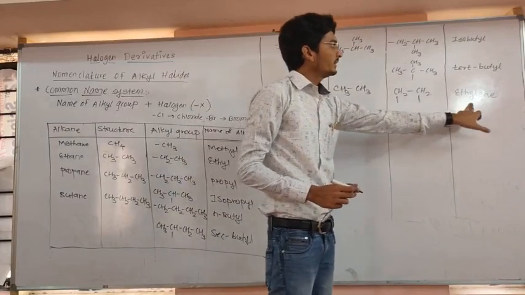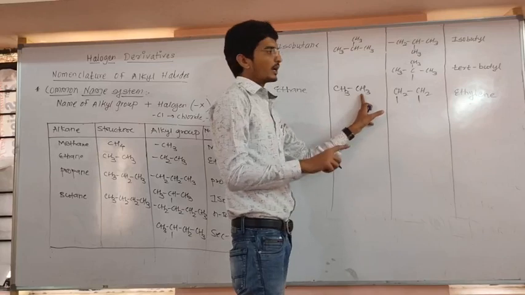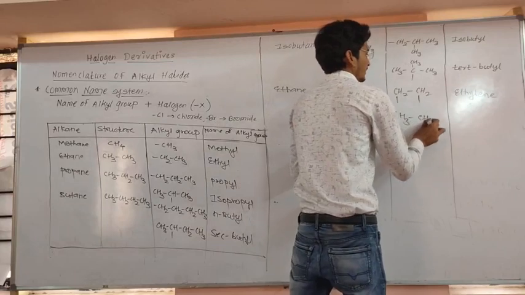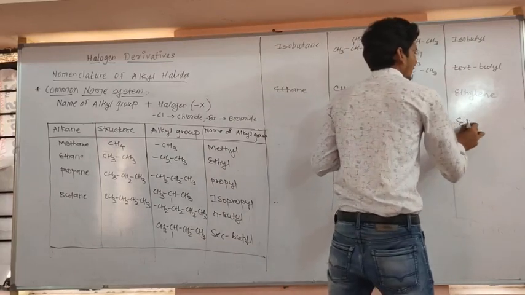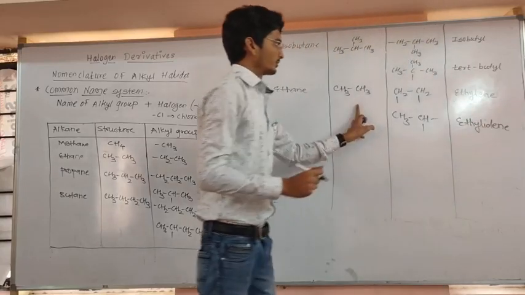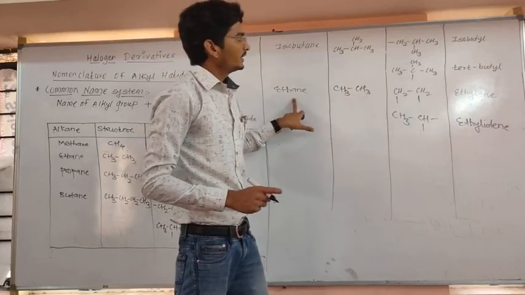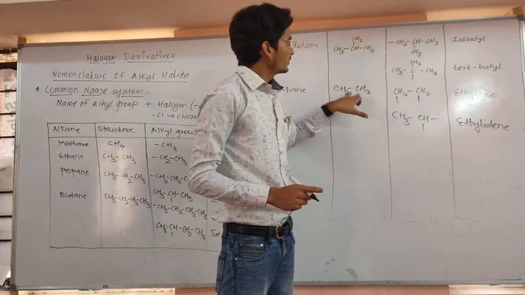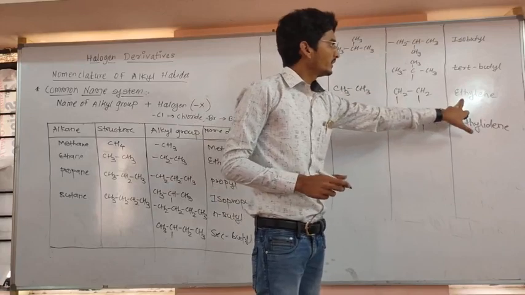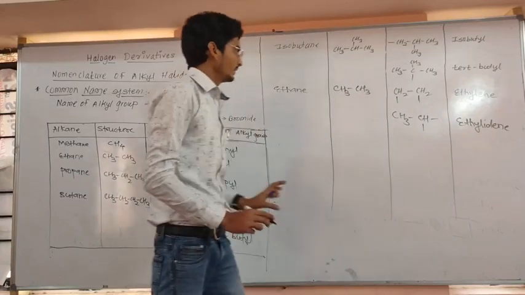And if you remove two hydrogens from the same carbon, you will get the ethylidene group. So these two groups are derived from ethane: when one hydrogen is removed from both carbons, the group is called ethylene, and when two hydrogens are removed from the same carbon, it is called ethylidene.